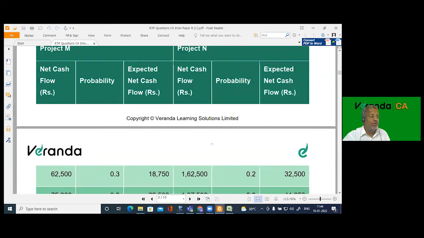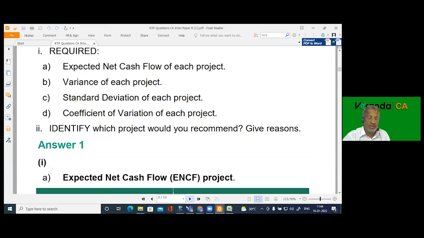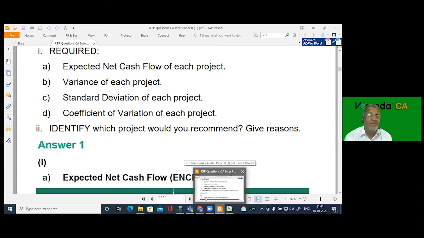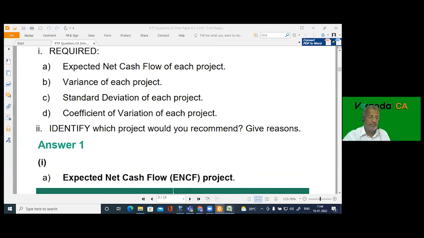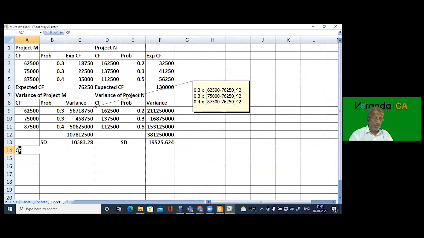Then what is the fourth question? Coefficient of variation. We all know coefficient of variation is standard deviation divided by mean. For project M, it is standard deviation 10,383.28 divided by mean of 76,250.